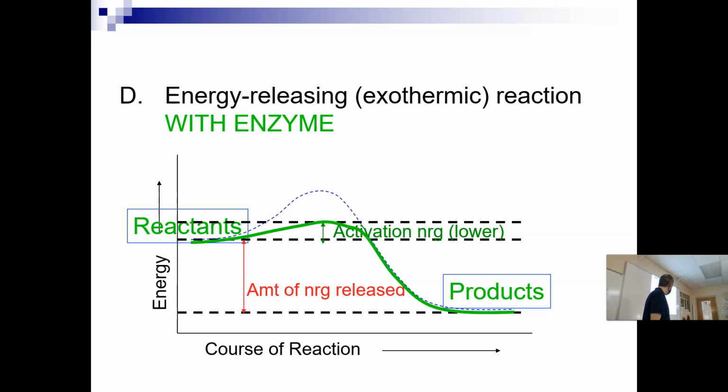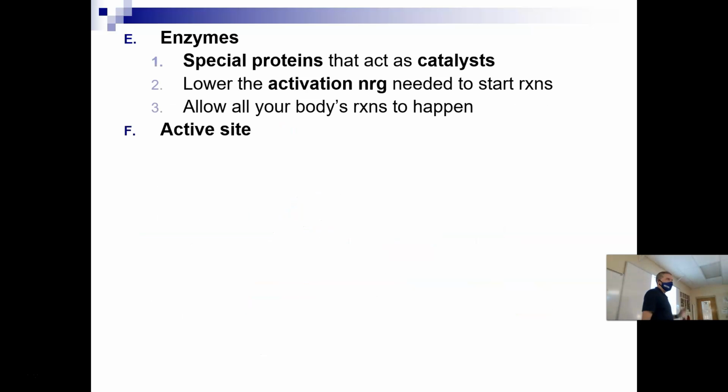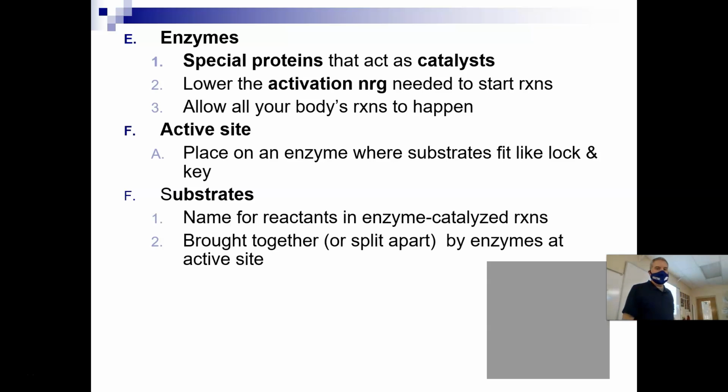But what's happening in the real world, we said, is that enzymes actually have this little specially shaped nook called the active site, this place in this big protein, this folded up chain of amino acids, where the substrate, which remember is what we rename the reactants when an enzyme's involved, fits like a lock and key.